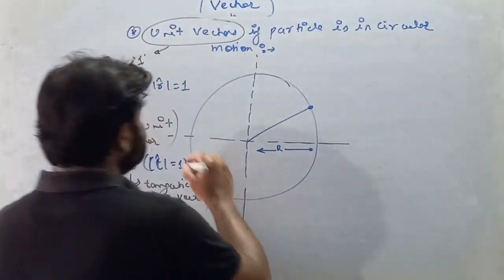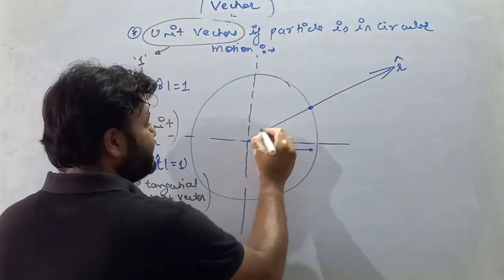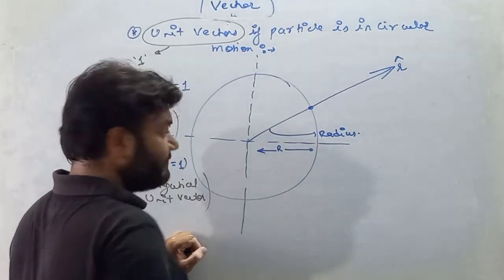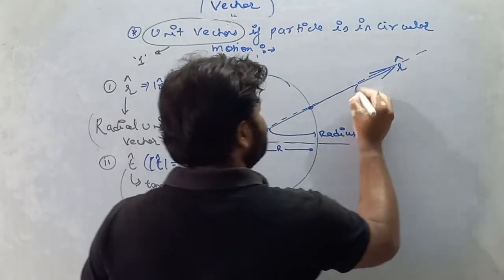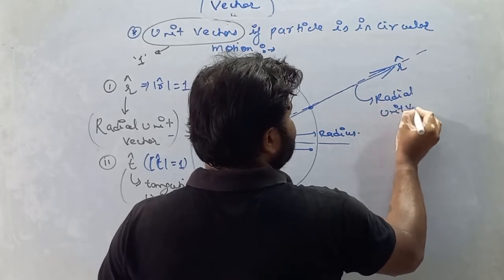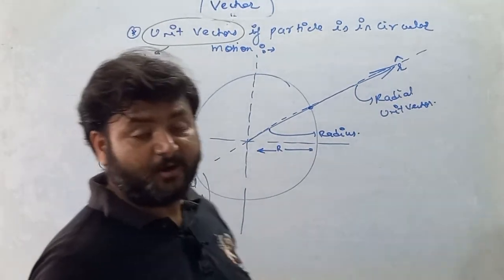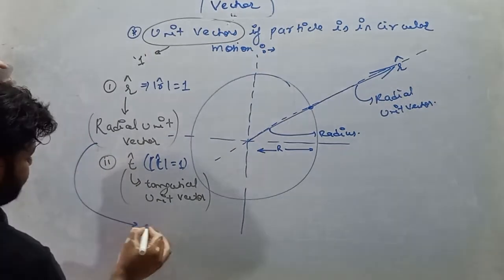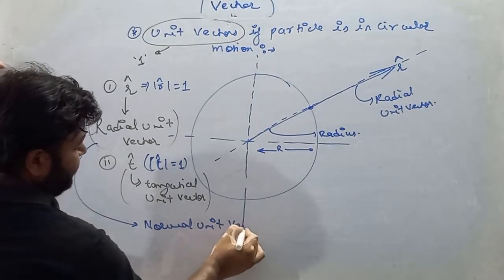So r cap means the radial unit vector. The radial unit vector always lies along the line called the radius. Along this line, the unit vector which lies is called the radial unit vector. One more thing, my dear students, this radial unit vector is also called the normal unit vector.